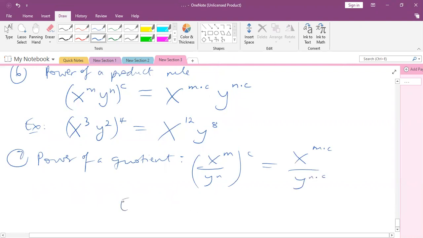For example, x squared over y cubed, the whole thing is raised to the power 3. You multiply the exponents, so you have x to the power 6 over y to the power 9. You multiply them out.